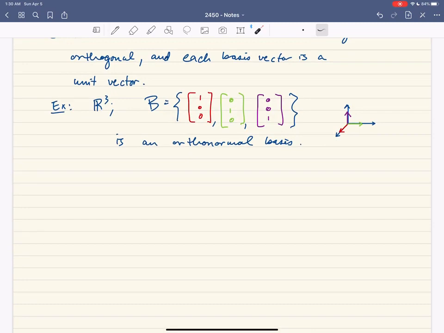So notice that scaling doesn't change orthogonality. If I have two things that are perpendicular, I don't care about the scale. I don't care if it's really big or really small. If I have two things that are orthogonal, scaling that object isn't going to change orthogonality.